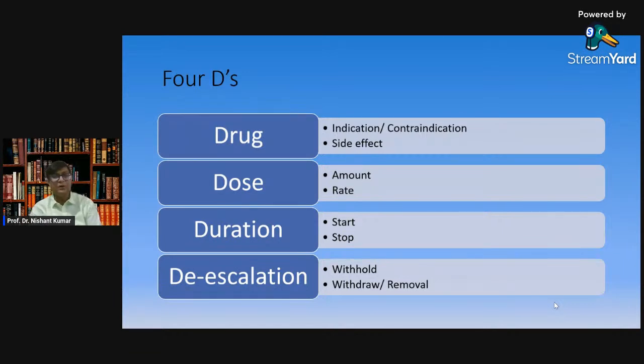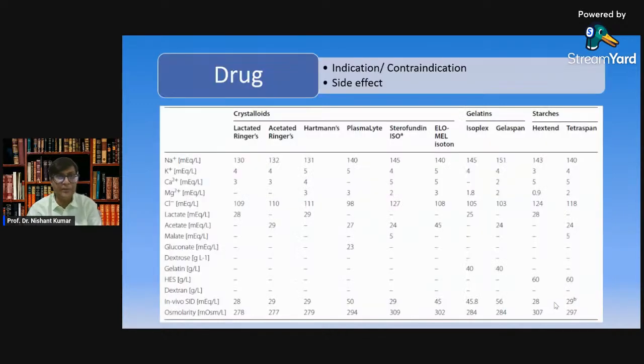The dose: how much to give, at what rate, duration, when to start, when to stop. And de-escalation, that is when to withhold and when to withdraw or remove the fluid from the body. So these 4 Ds are very crucial: drug, dose, duration, and de-escalation, and that is how we'll proceed with the discussion on fluid therapy in critically ill patients.